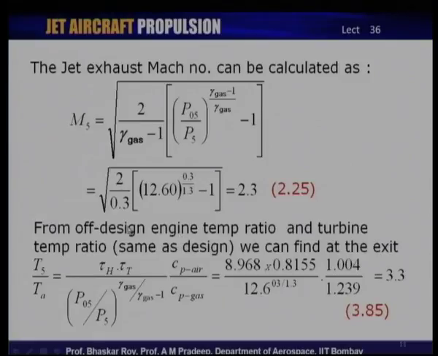Using those values, the temperature ratio across the engine exhaust face with reference to the ambient condition, T5 by TA, can be related to the enthalpy ratio, the turbine temperature ratio, the pressure ratio across the nozzle, and the values of Cp of air and Cp of gas, assuming they are two different values, which we have available. Using those values, we get a temperature ratio at the nozzle exhaust face of 3.3, in contrast to the design value of 3.85.